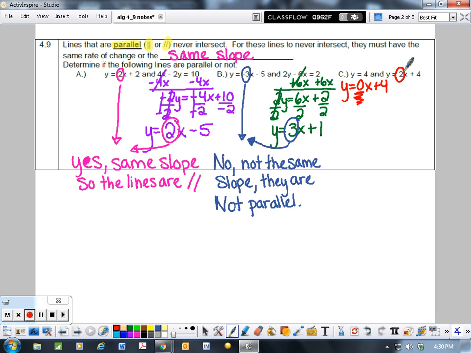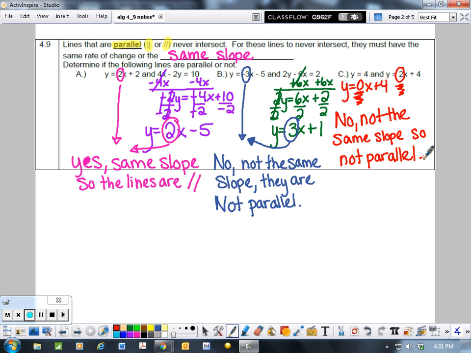So 2 is my slope. Still not the same. So not the same slope, not parallel. Just because they both had 4's in them did not mean that they had the same slope.